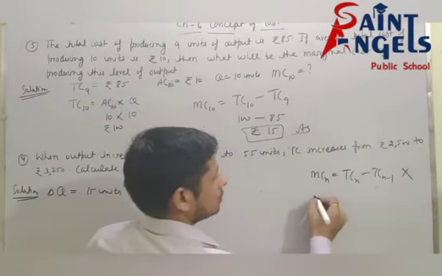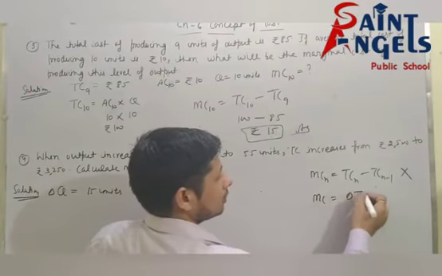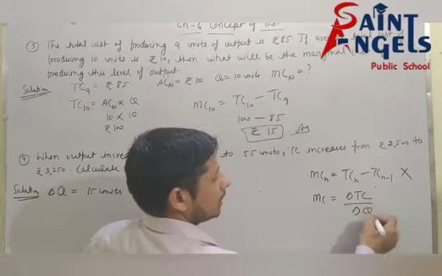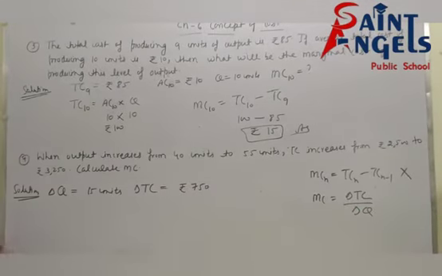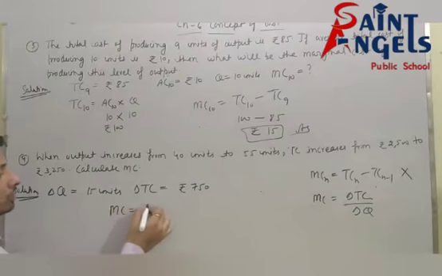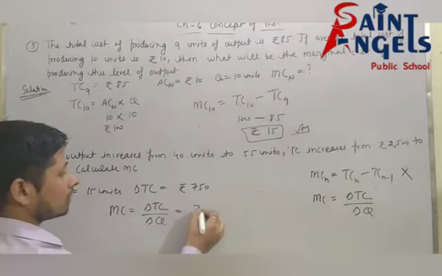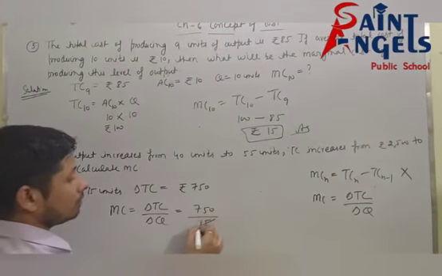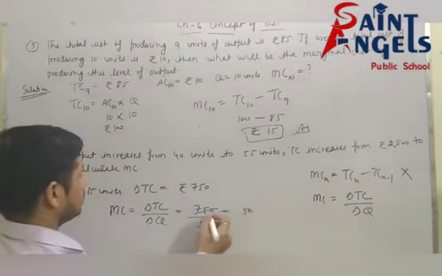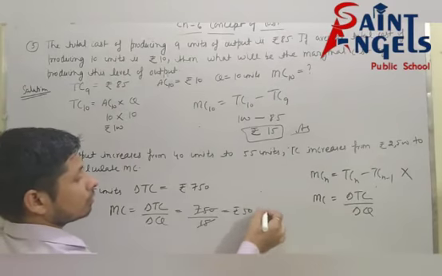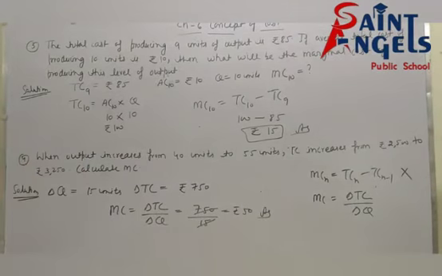So you will use MC is equal to delta TC divided by delta Q. So MC is equal to change in TC divided by change in Q. 750 divided by 15. So answer will be rupee 50. I hope all of you have understood how will you calculate MC in this type of question. So please pause the video and note down this.